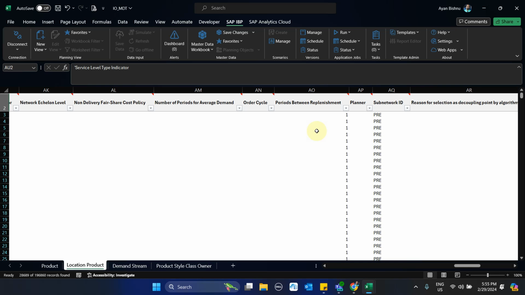Before I go into that, one thumb rule that we need to understand is, if my PBR is high, my recommended safety stock for a particular location is high. Now, period between replenishment in a way is not related to transportation lead time, although most of the time it gets confused with the lead time.